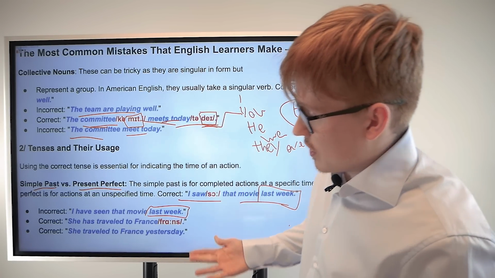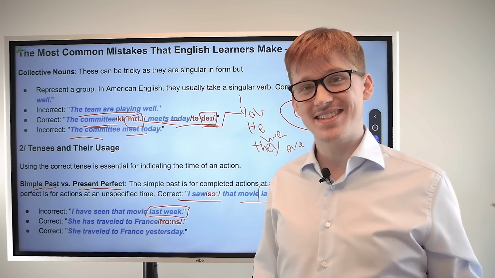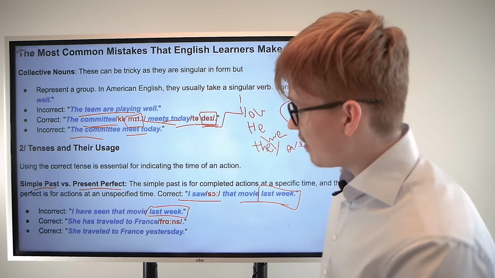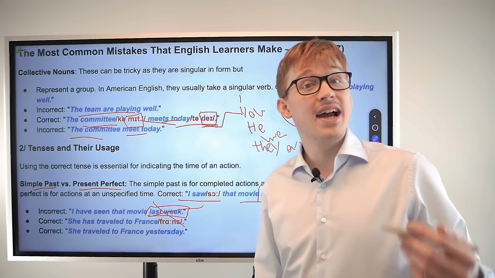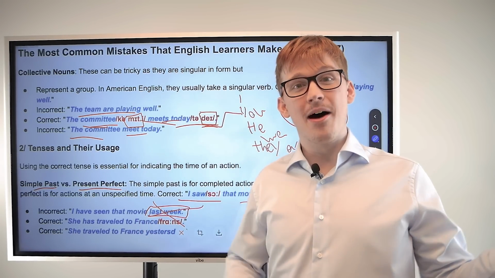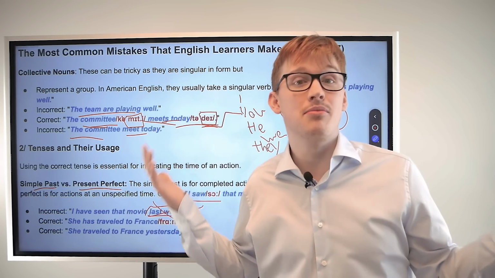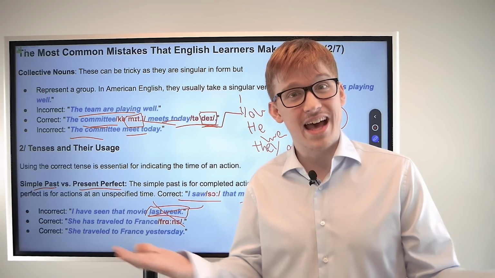So what we actually want is, I saw the movie last week, instead of I have seen the movie last week. If we took out the last week, we could say, I have seen that movie. And that would be if someone has asked us if we have seen the movie, and yeah, I've seen that movie. I have had the experience in my life of watching that movie.